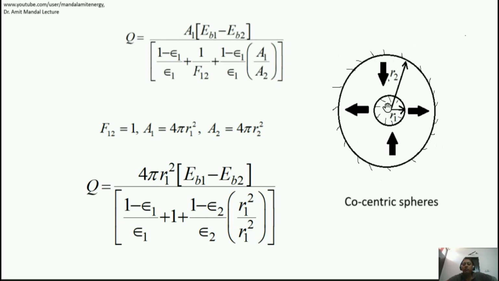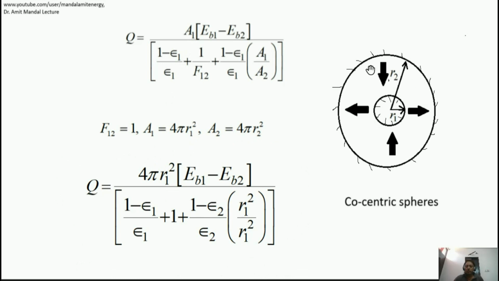A1 and A2: the surface area of a sphere is given by 4 pi R squared. So in place of A1 I can write 4 pi R1 squared, in place of A2 4 pi R2 squared, and F12 is 1. Keeping these values, ultimately this is the heat transfer rate equation for this case.